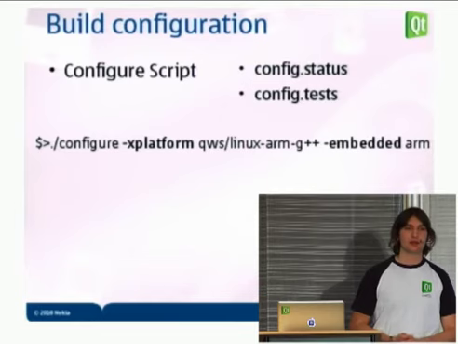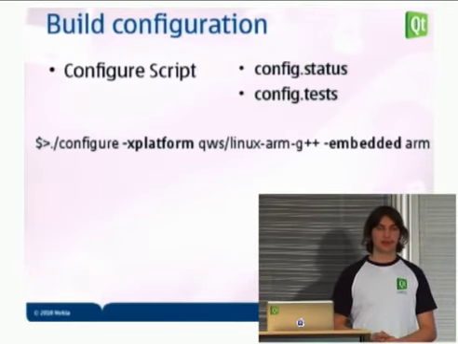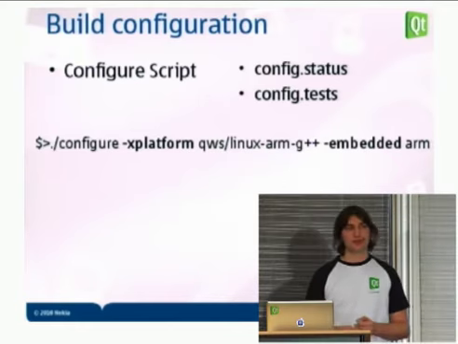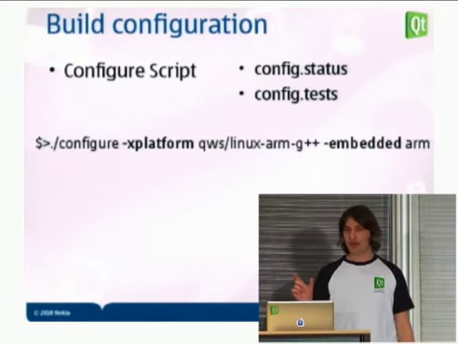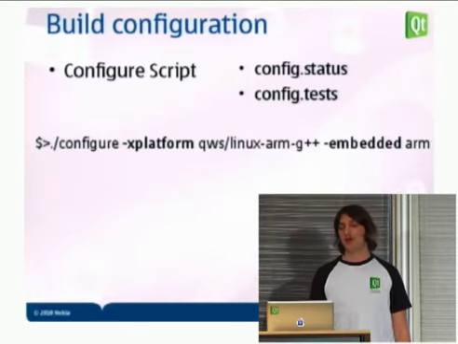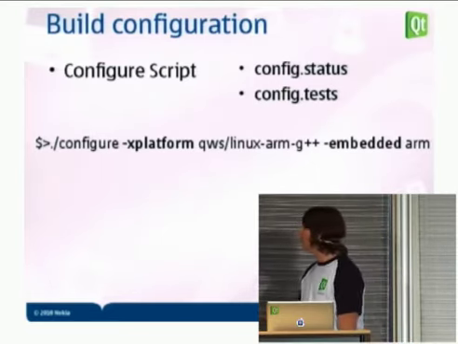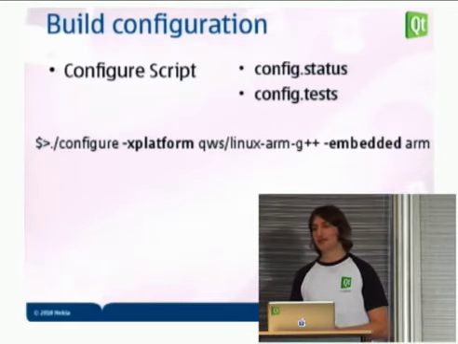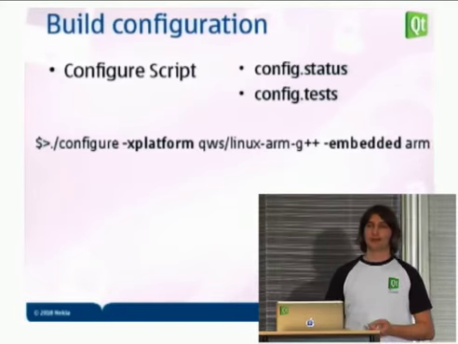And there you specify also the flavor of Qt you'd like to build. In this case, with -xplatform, you specify the path to the make spec that you have chosen before and that you have modified before. And then -embedded says this will be a QWS build, and it's targeted at an ARM processor.